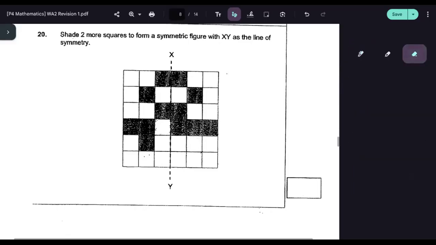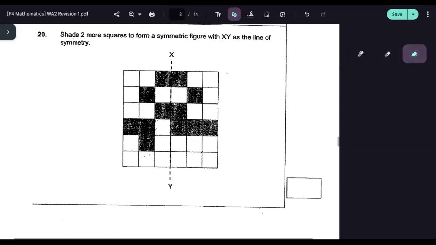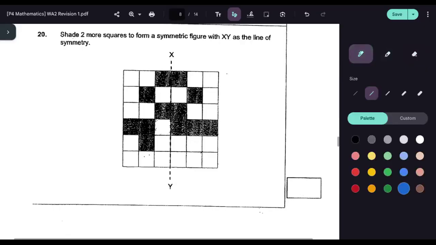Okay, again, your line of symmetry is here. Let me bold it for you. Okay, good. Now it's easier for me to see. Okay, yes, I got it. So the first one you need to shade is here. Okay, I will label this in blue so it's easier.